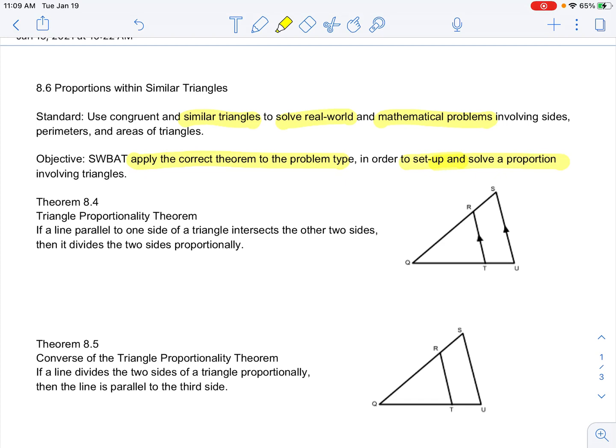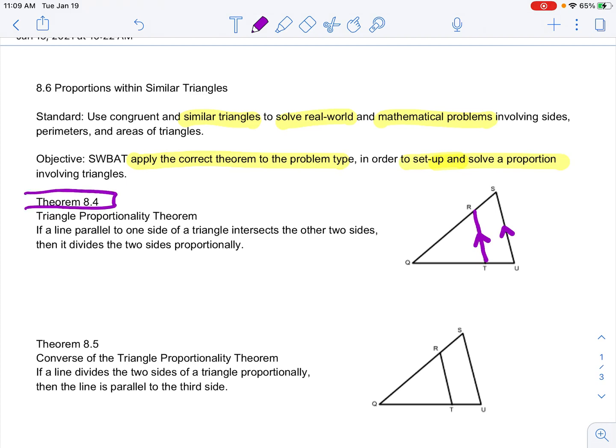So what is this problem asking us? If a line is parallel to one side of the triangle, what we're looking for here is that this line has to be parallel to one side of the triangle.